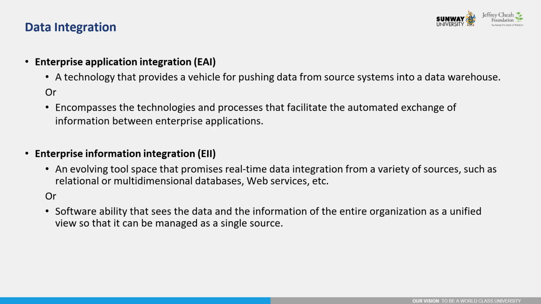In the second definition, it is technology and processes that facilitate the automated exchange of information between enterprise applications. On the other hand, this is the information, which always comes from different sources, such as multi-dimensional databases, web servers, and different kinds of web services, just like we did in the first and second class: how to extract data from Kaggle, from World Development Indicators, and other sources.